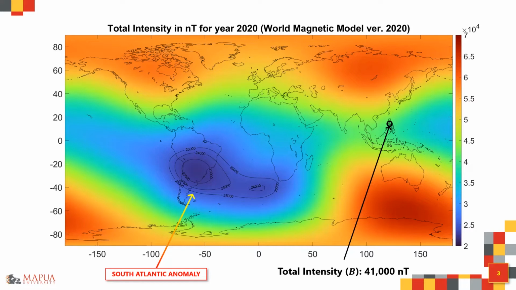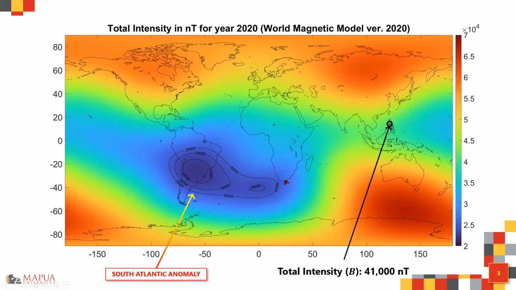Because remember, in our previous discussion, the solar wind intensity, or the interplanetary magnetic field, has a magnitude of the order of 5 to 10 nanotesla. Okay, so around three orders of magnitude more than the magnetic field of the Earth.